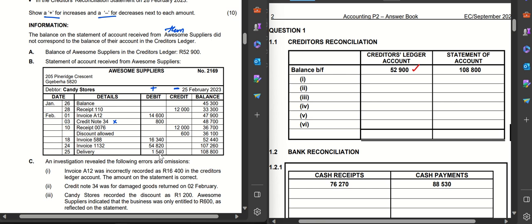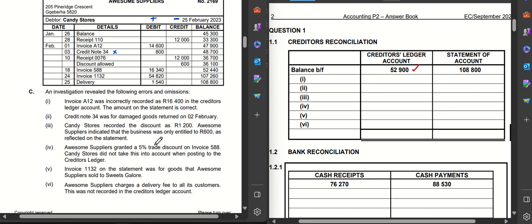Let's start with adjustment number 1. It reads, invoice 812 was incorrectly recorded as 16,400 in the creditors ledger account. So they're already telling us where it was incorrectly recorded as 16,400 in the creditors ledger account, the amount on the statement is correct.